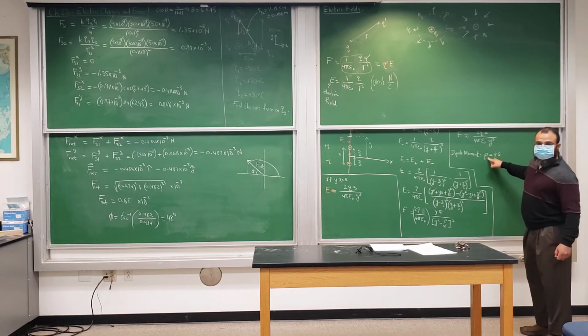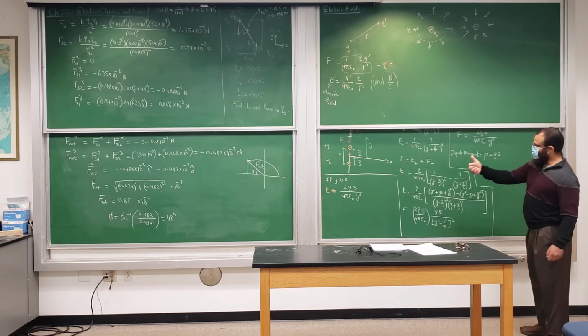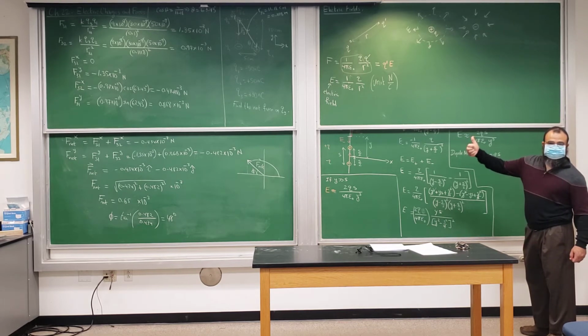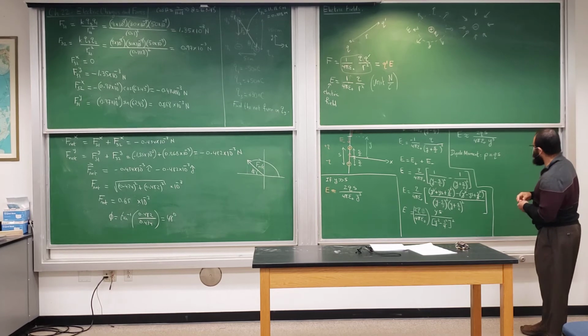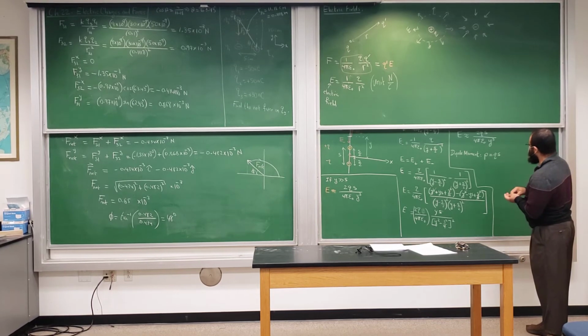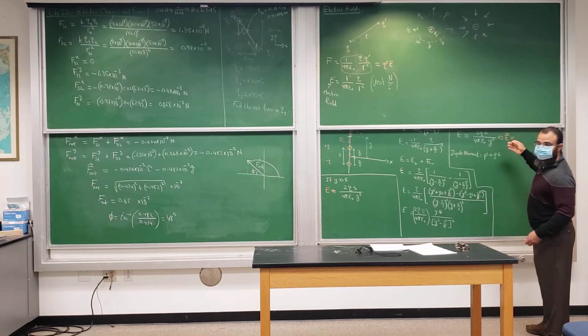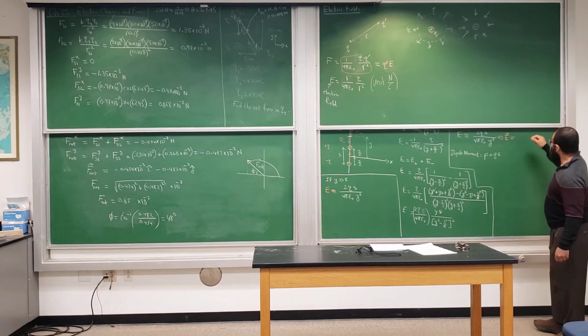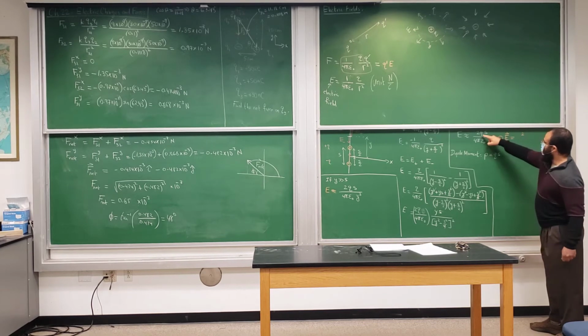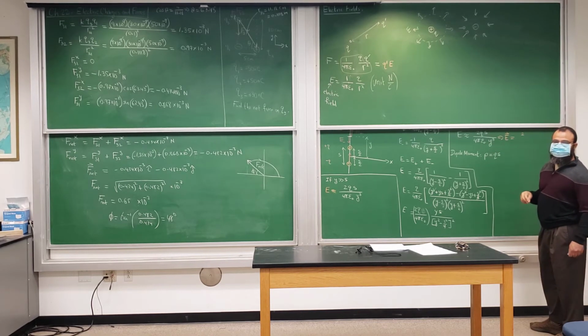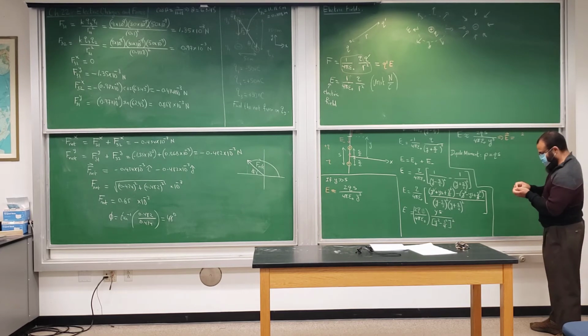So with that direction in mind, it's pointing in the positive y direction, right? So we can write the electric field, now with the vector on it, as 2, again, what's qs? It's p.